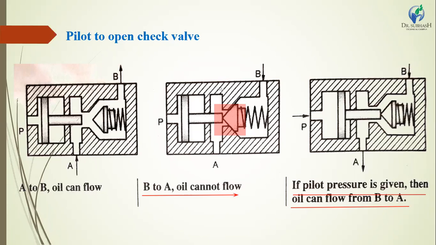The second figure is called a normal condition where the valve is operated by the conical poppet.